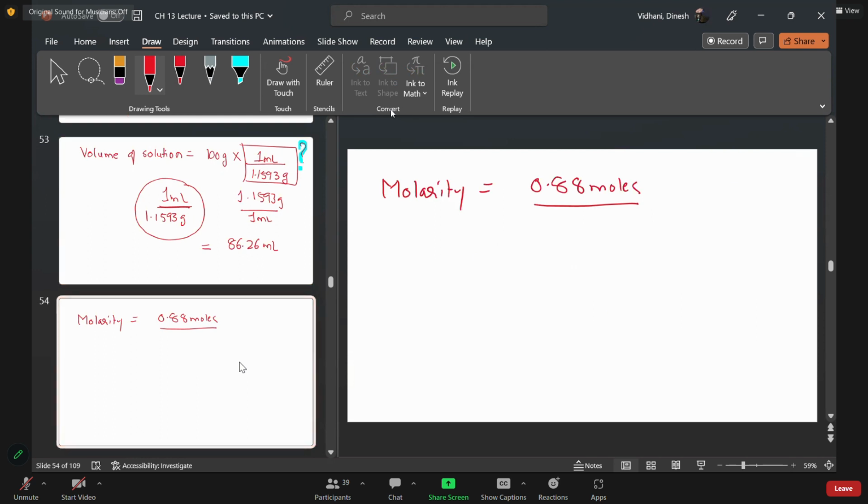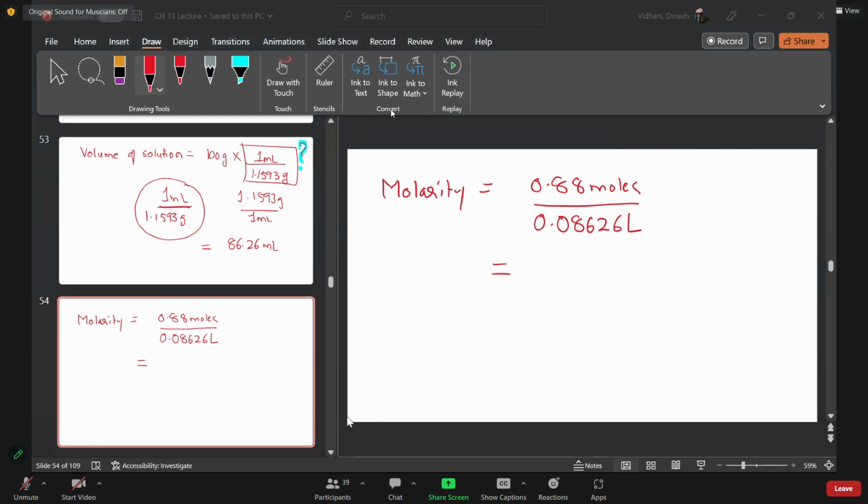So the volume in liters is going to be 0.08626 liters. Can you give me this answer now? 10.2, very good, or 10 molar.